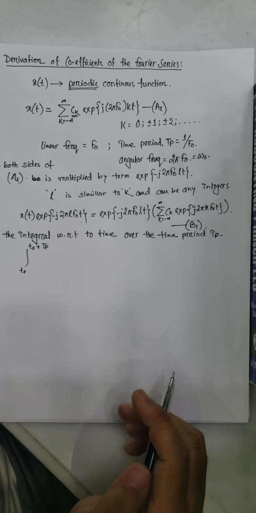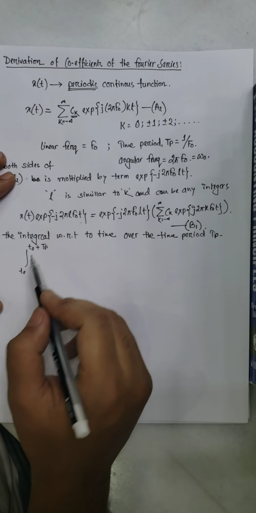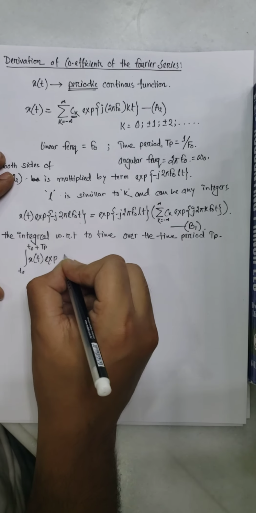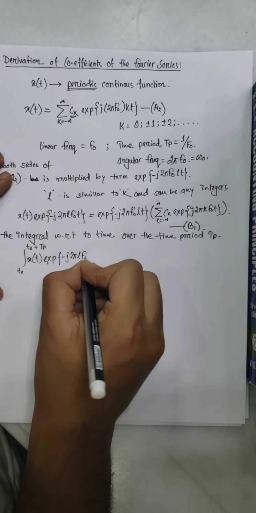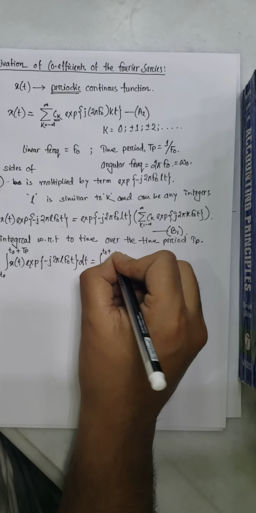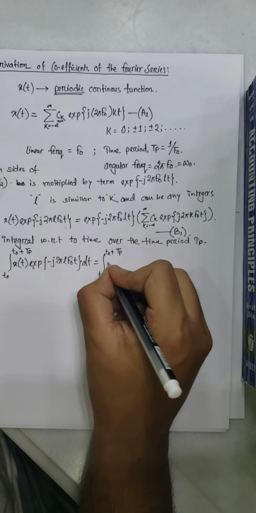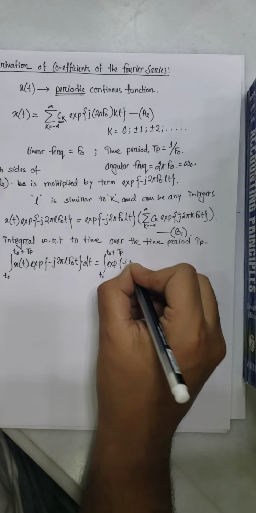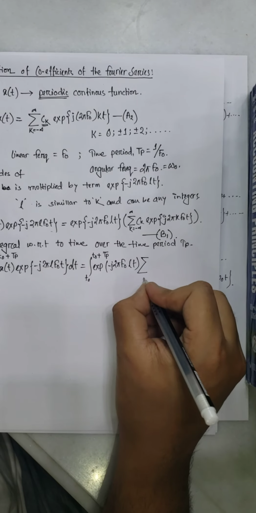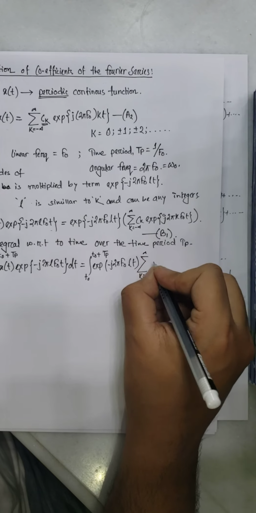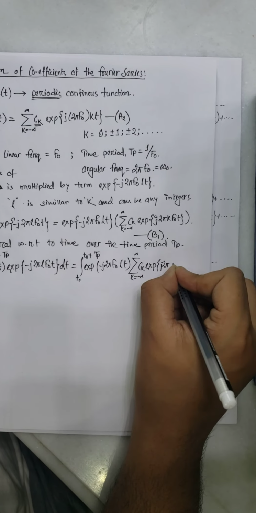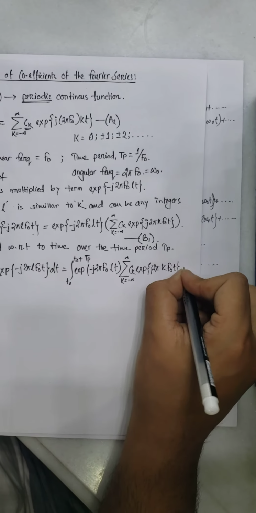What we are concerned is the integral runs over from 0 to Tp or T naught to T naught plus Tp, which is essentially the same case. x of t e to the power minus j 2 pi L f naught t dt equals the integral from T naught to T naught plus Tp of e to the power minus j 2 pi f naught L t, summation of k from minus infinity to infinity c of k e to the power j 2 pi k f naught t dt.